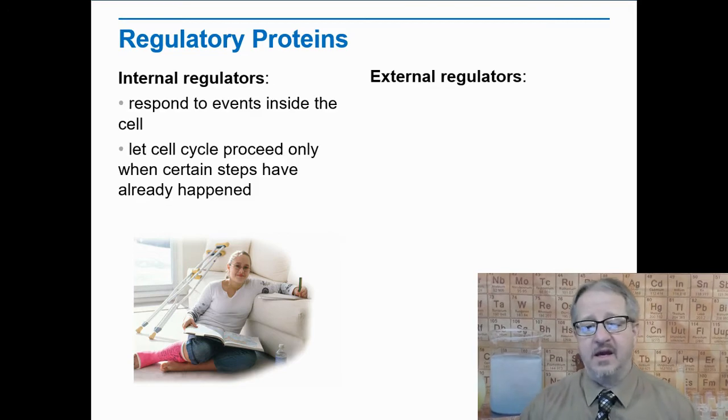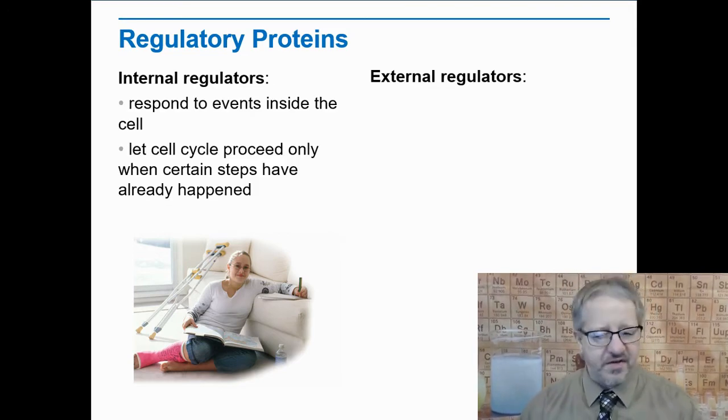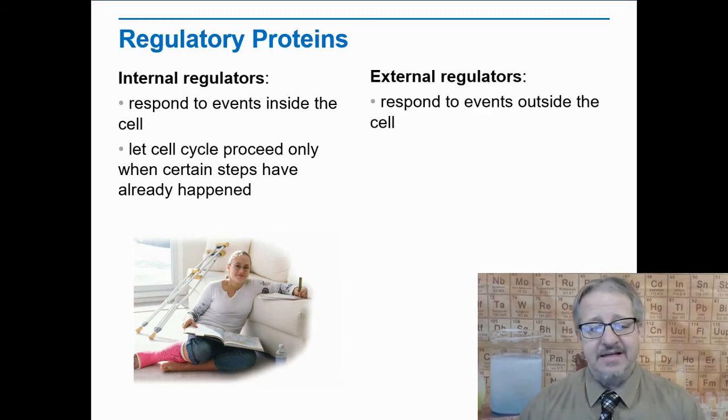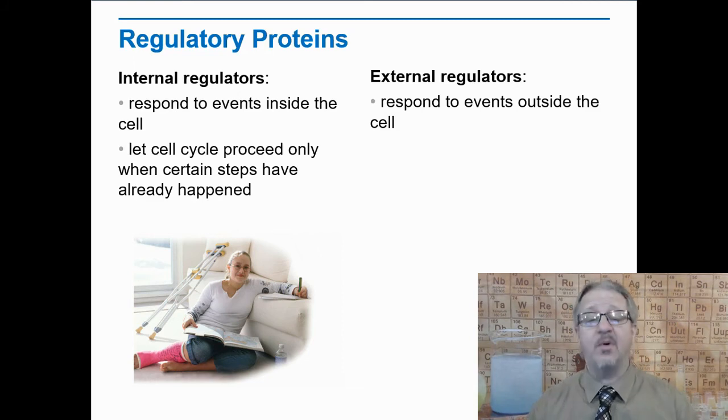What do you think the role of external regulators is? Well, if you're thinking maybe they respond to events that happen outside of the cell, that's an excellent guess, because that's, in fact, exactly what the external regulators do. The external regulatory proteins direct the cell cycle to either speed up or slow down.